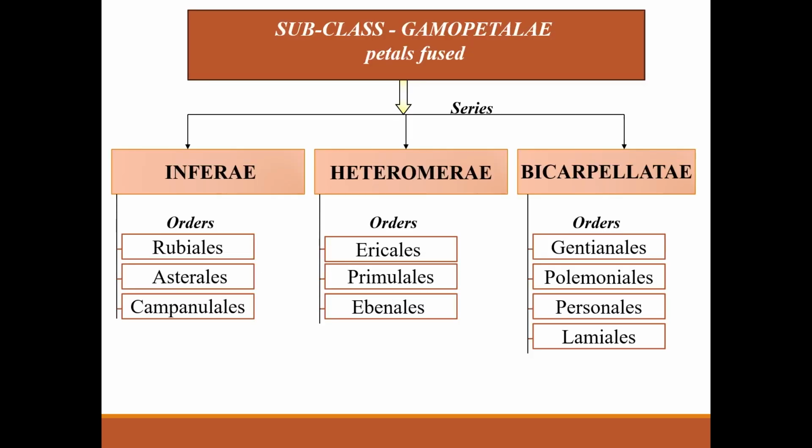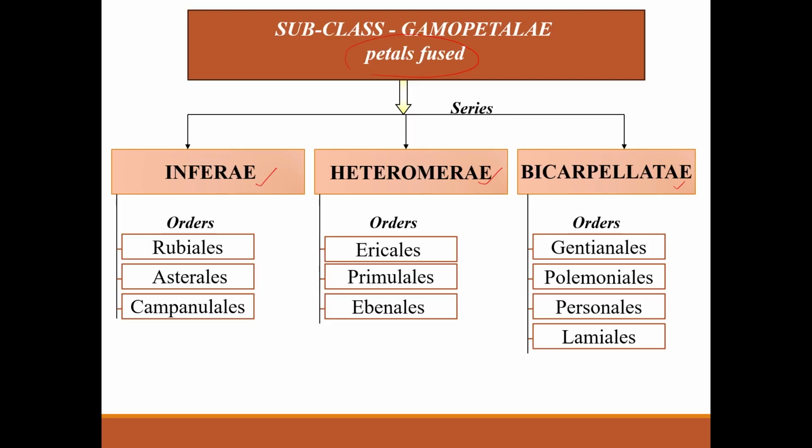If you see the systematic position, earlier we studied the polypetalae, in which the petals are free, and in gamopetalae the petals are fused. Gamopetalae is divided into three series: Inferae, Heteromerae and Bicarpellatae. Inferae, as the name indicates, are plants that have an inferior ovary.